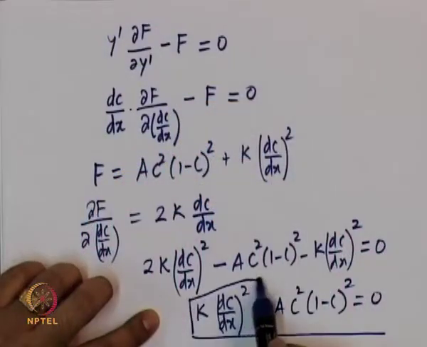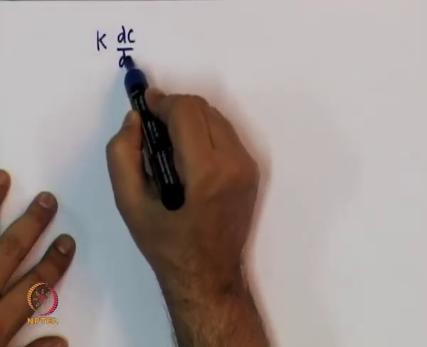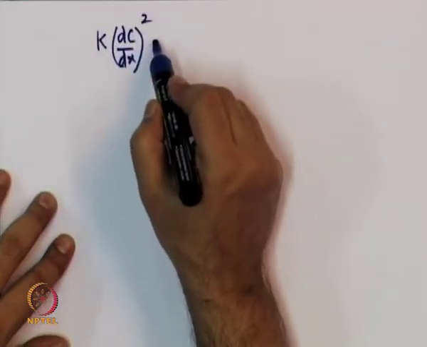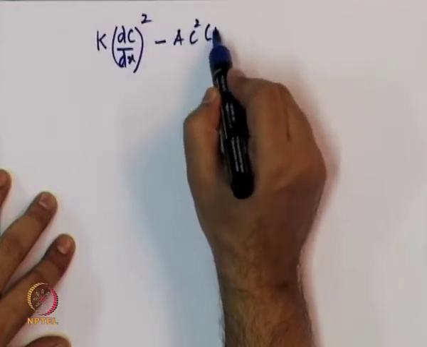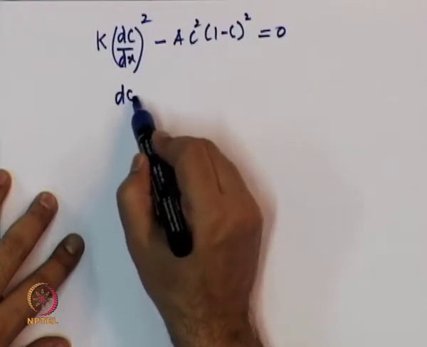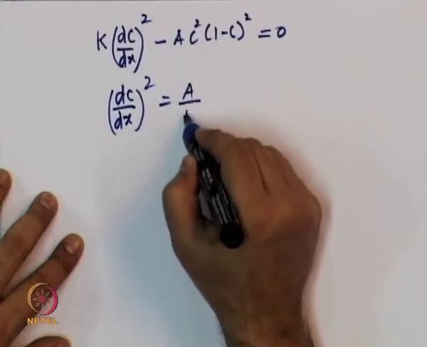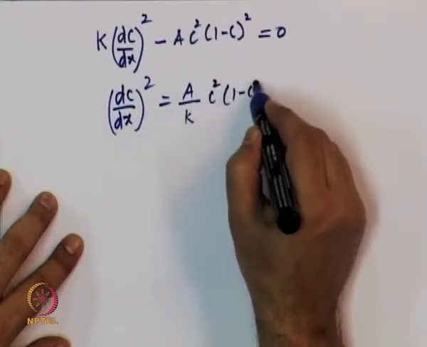So, this is nothing but the Euler Lagrange equation in our case, which can further be simplified. So, that becomes an ordinary differential equation that you can see. So, we will try to solve that. So, let us take that expression: kappa (dc/dx) whole squared minus a c squared into (1 minus c) whole squared equal to 0. That means, (dc/dx) whole squared is equal to a by kappa c squared into (1 minus c) whole squared.